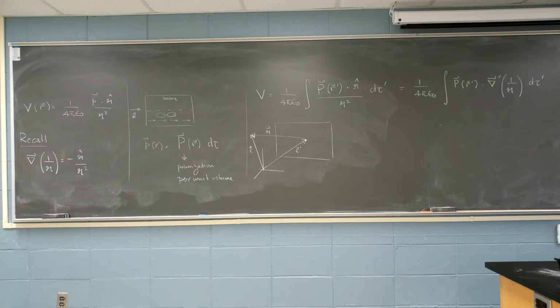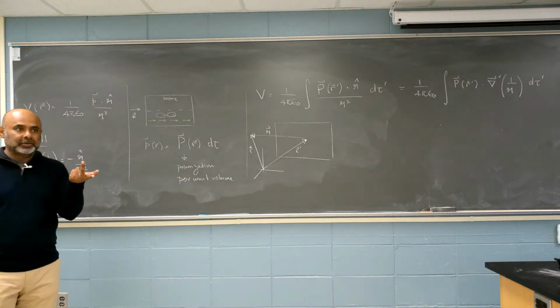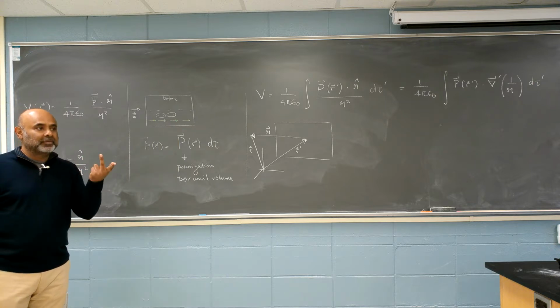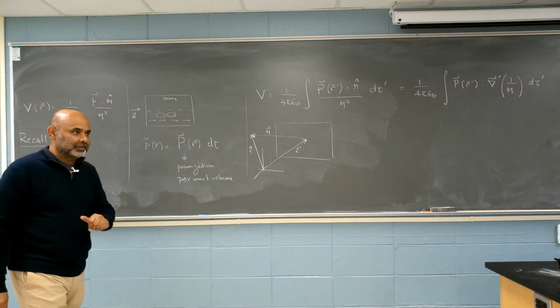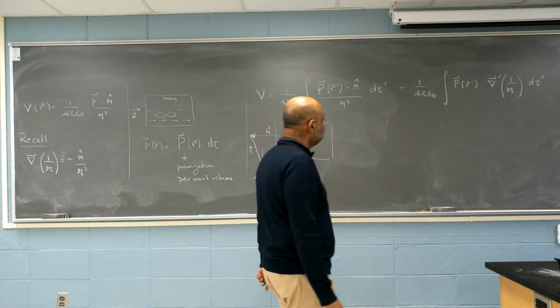I didn't put the minus because I'm taking gradient with respect to the other variable, the primed variable. Because all derivatives, we've talked about this, when you take derivative with respect to the primed variable, it becomes negative of that. Okay? Good.